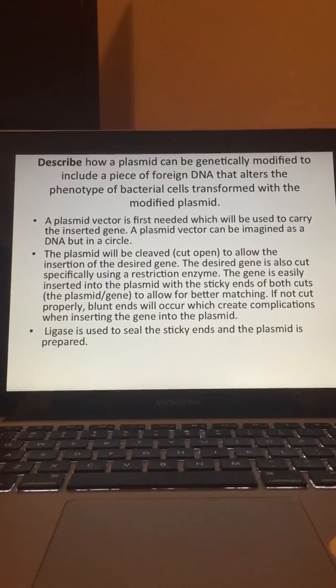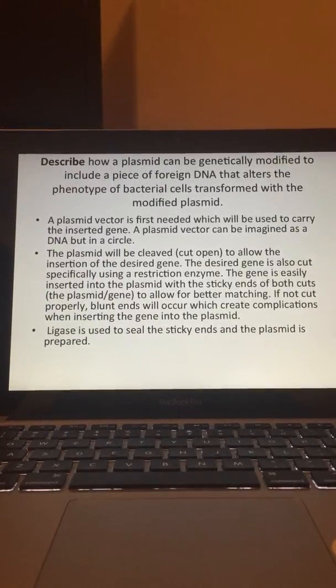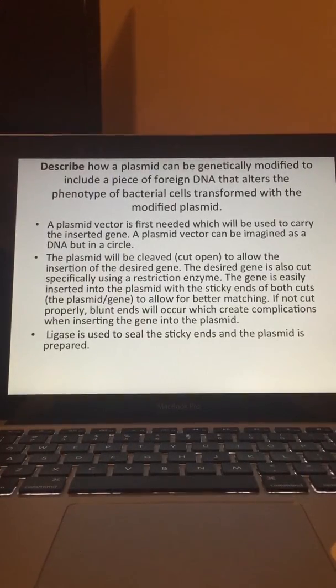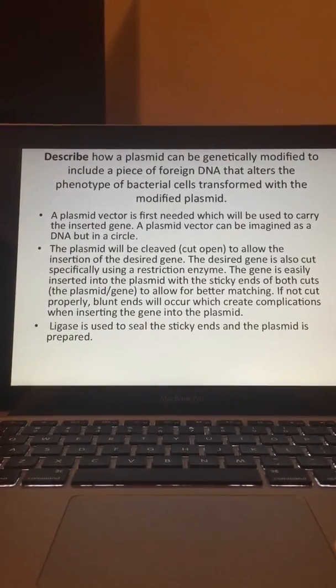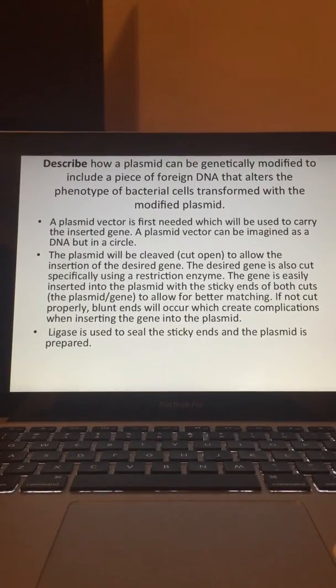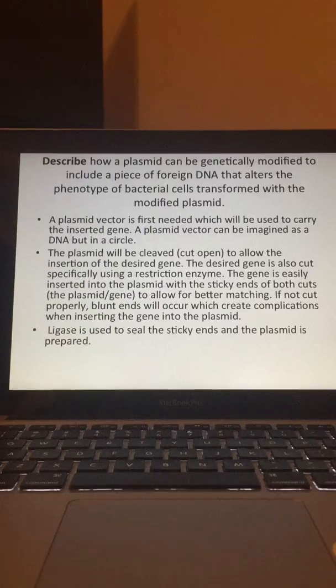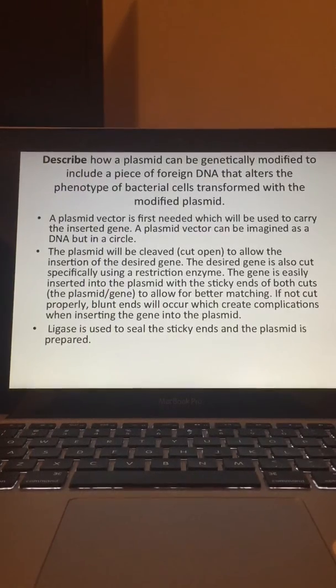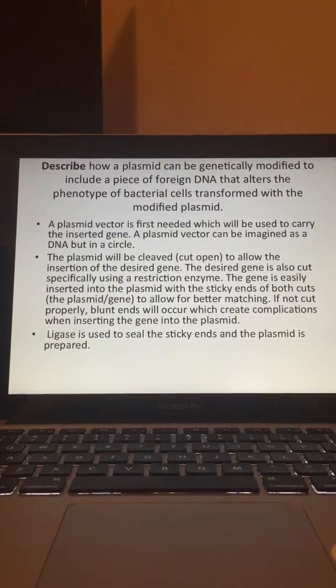And then the desired gene is going to be cut. What's important to know is that you're going to use a restriction enzyme, which cuts specifically at one point for the gene. And then you have to use that same restriction enzyme to cut open the plasmid. And then once you have both parts cut, you're going to put the gene in.